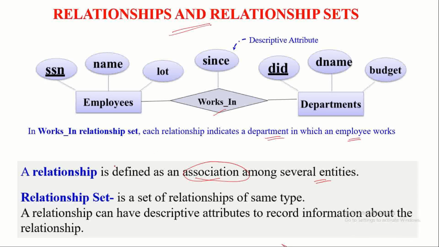That is, if we take an employee entity Bob and the department entity marketing, the relationship that exists between them is the works in relationship. A relationship set represents a set of relationships of the same type. It means that the entities in the employee entity set and the department entity set are associated through the works in relationship.